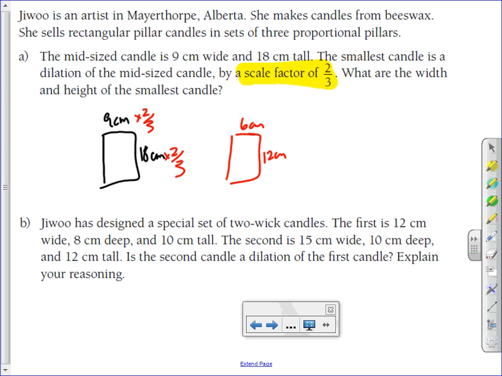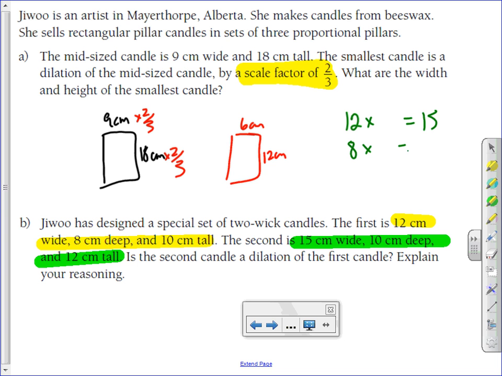And you can also figure out a scale factor, and we have here first information at 12 centimeters wide, 8 deep, and 10 tall. And the second one is larger, and the question is, what is the scale factor? Is there a scale factor, in fact, for you to get that answer? And so really what that question is saying is there a number that we can multiply 12 by and get 15? And is that the same number we would multiply 8 by to get 10?